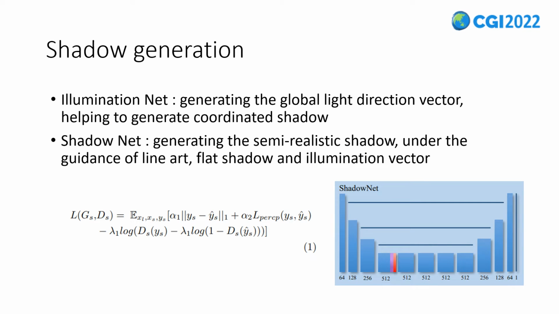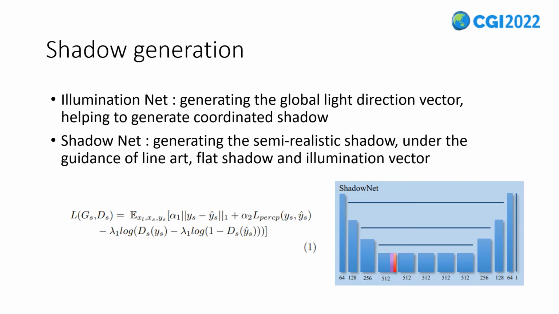The previous slide has introduced the illumination net and the shadow net. The two parts constitute the shadow generation part. The shadow net has a GAN structure. We use a U-Net as a generator and use a patch discriminator.